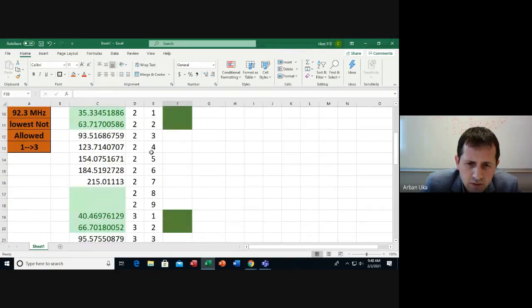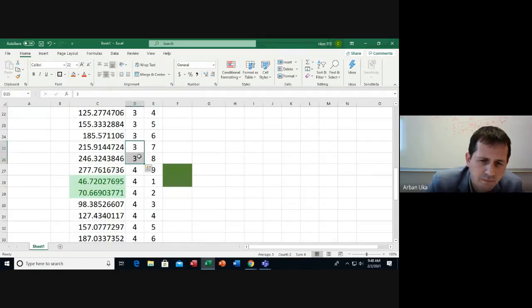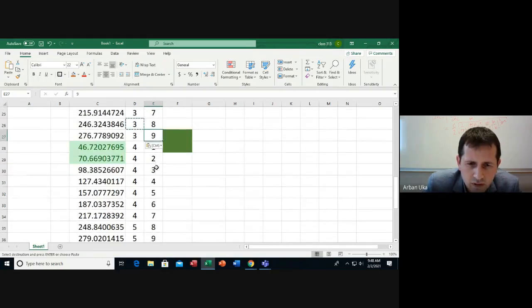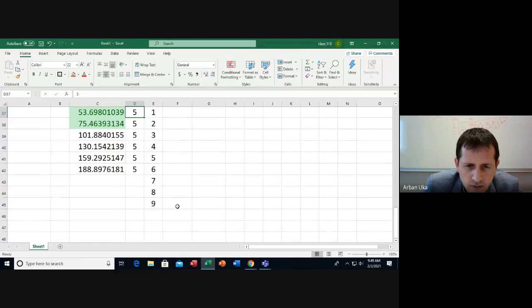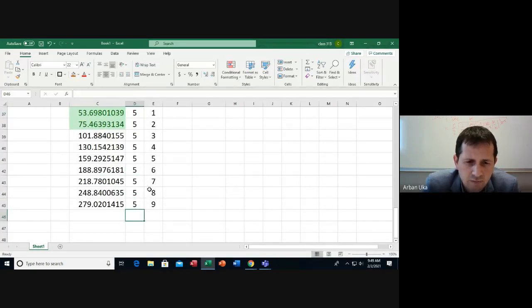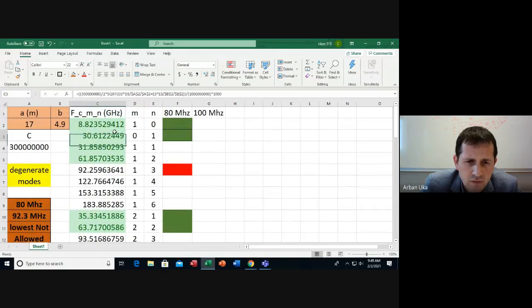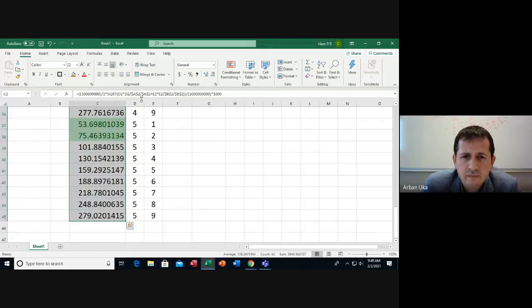So if we go down to 9, this is all 2. Then here we have 3. Then we get the 4, and we get the 5. Okay, so here we have other modes, and now let's conditionally check them.